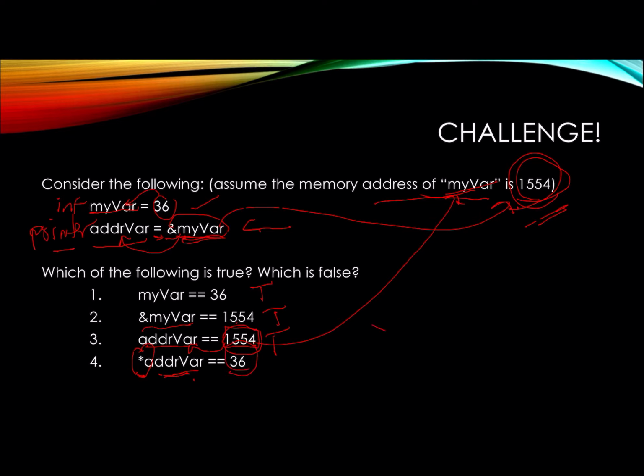If we draw a logical representation, this is 36, and you can access 36 in two ways: using the variable name myvar, or using the address of myvar, which is 1554.